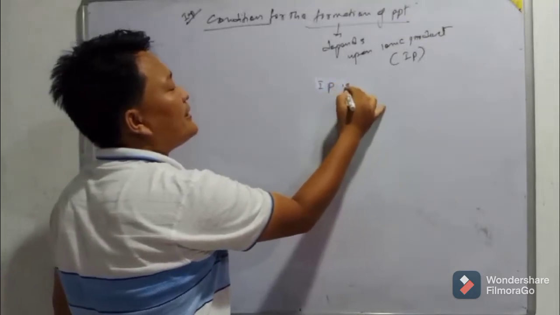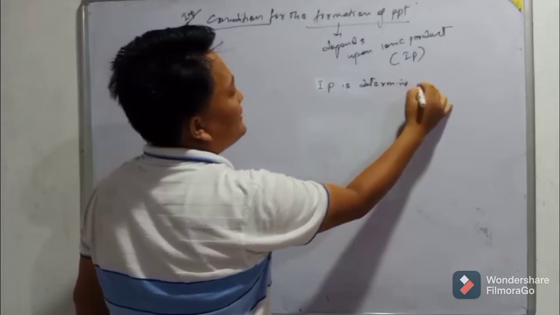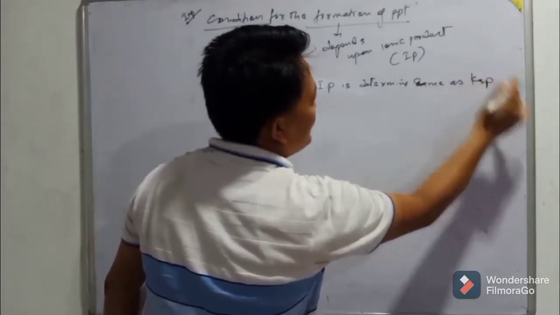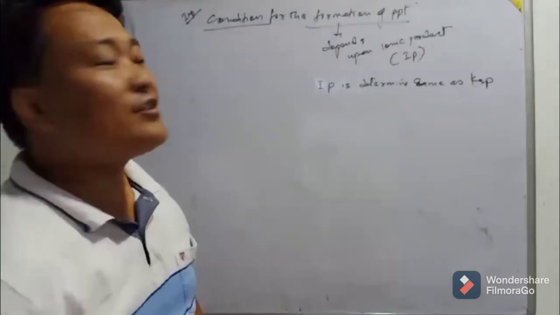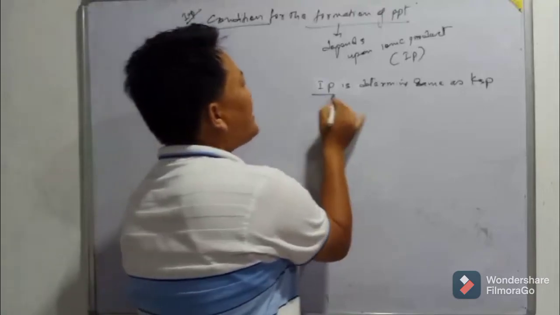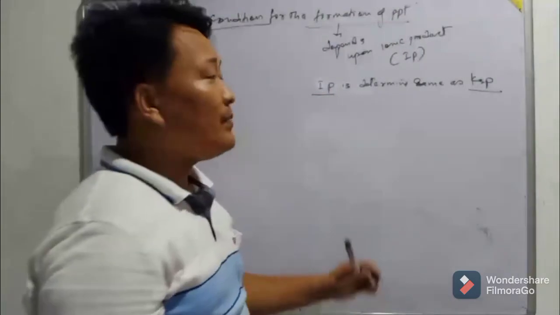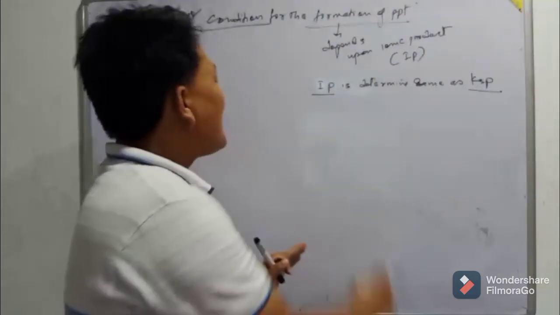Ionic product is determined the same as KSP. Both can be determined in the same way. So now see, what is the difference? IP means ionic product, and KSP, the solubility product, can be found by the same method.